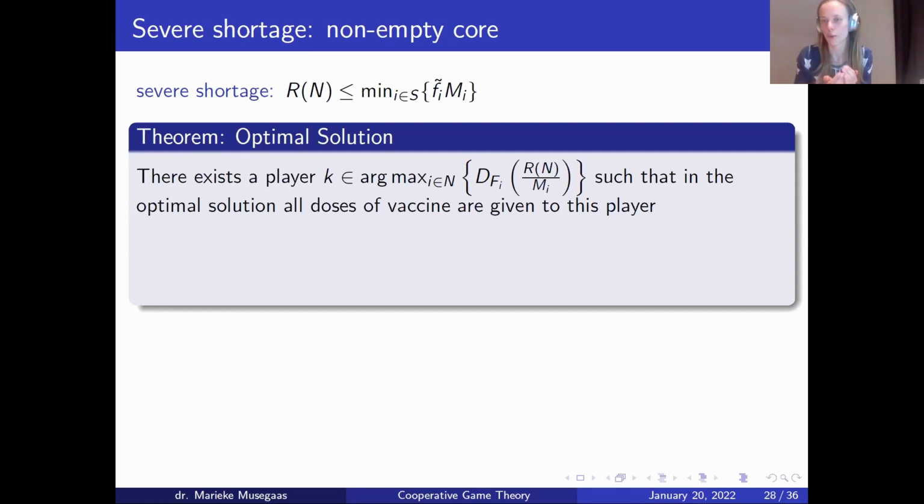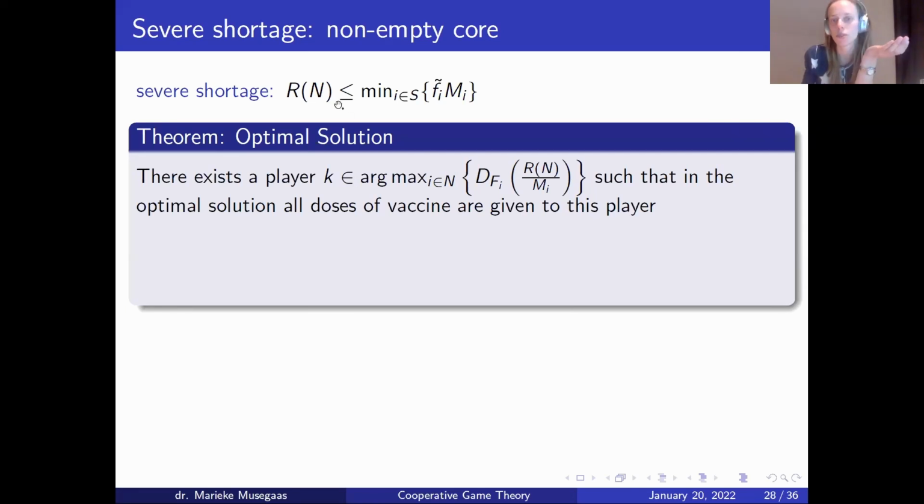How should the number of vaccines be allocated? Well, you simply give it to the person that has the highest average slope. The higher the average slope, the more you get per resource. That is simply the idea. So we give it to the player for which the average slope is the highest.